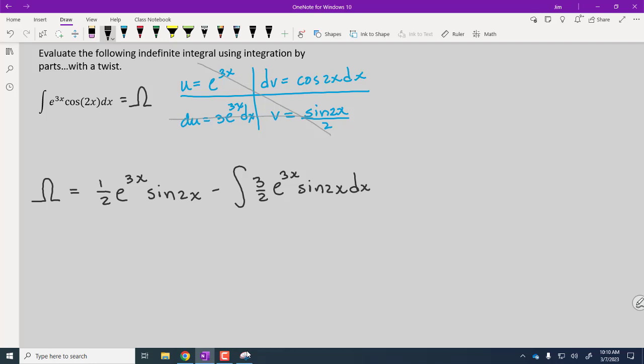Now we do our second integration by parts, and we want to be consistent. So if we let u be exponential, we let u be exponential. So I'm going to put the 3/2 with the e to the 3x. du will then be 9/2 e to the 3x times dx.